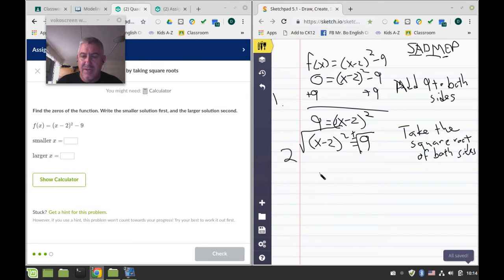And I'm going to end up with x minus 2 is equal to 3, or x minus 2 is equal to negative 3. Why? Because negative 3 squared is 9. 3 squared is 9. (X minus 2) squared is (x minus 2) squared. Okay, and then my last step, step number 3, is going to be add 2 to both sides.